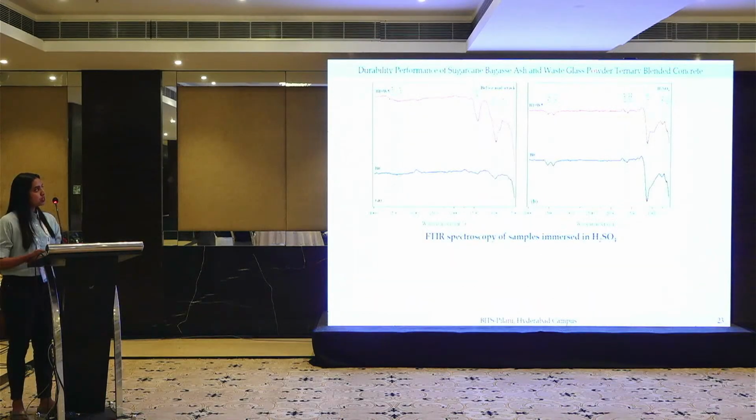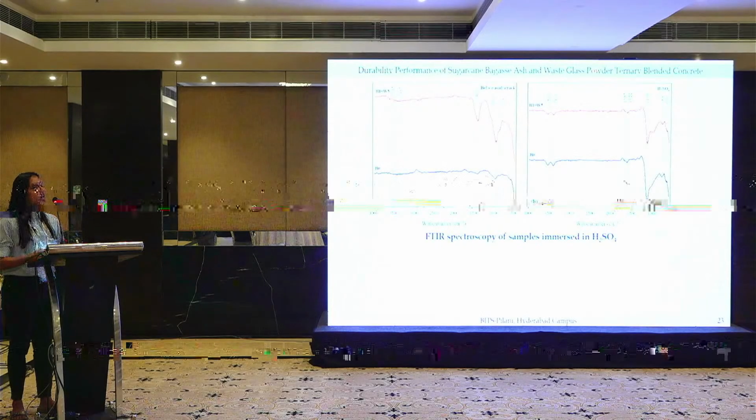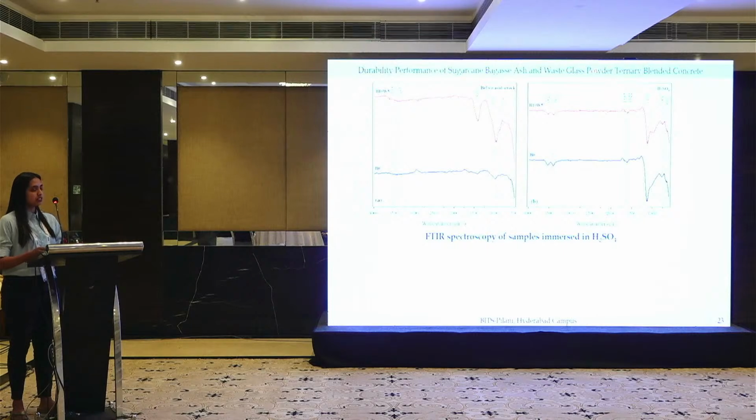So the gypsum formation can be easily identified by the bending vibration of SO4 2- at 1113, 789 and 663. So the lower gypsum peak in the W5 blend compared to the control specimen indicates that it has higher resistance to H2SO4 attack.